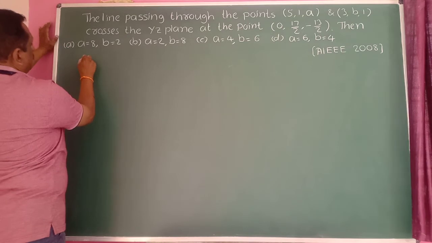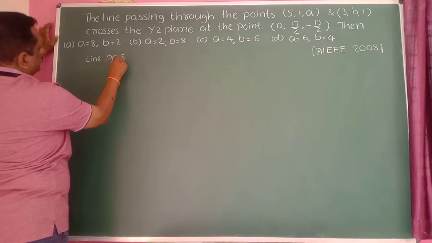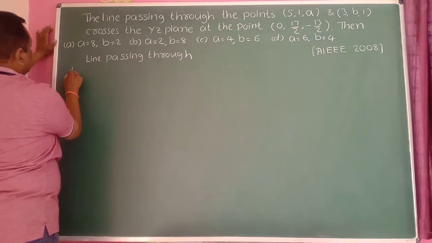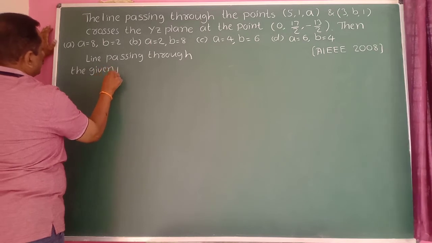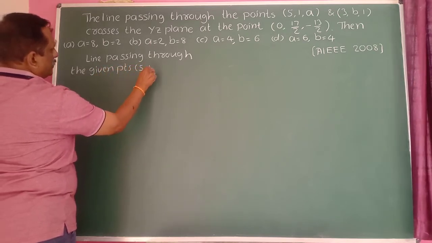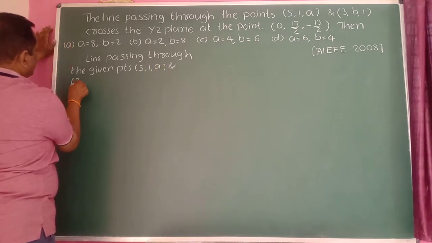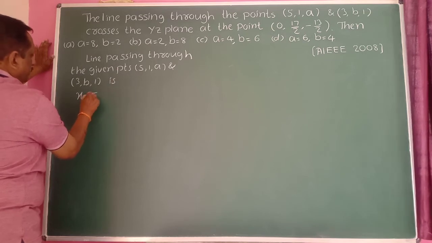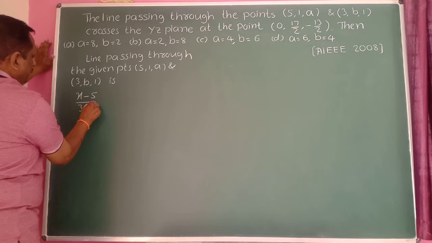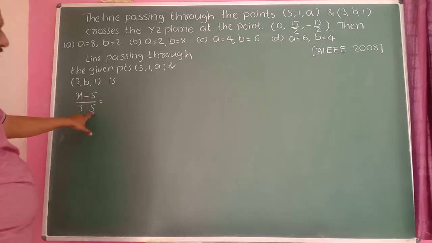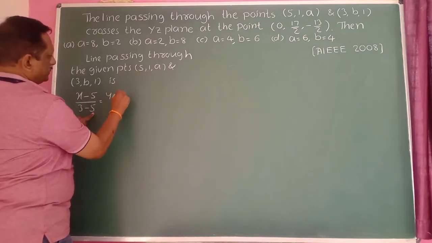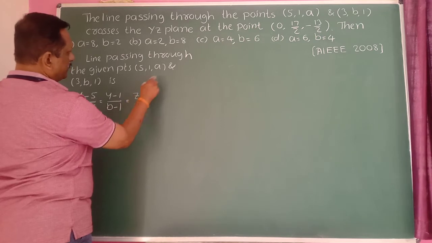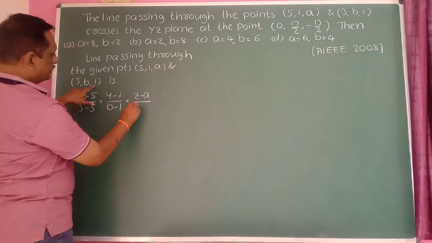Therefore, the line passing through the given points (5, 1, a) and (3, b, 1) is given by (x minus x1) divided by (x2 minus x1), that is x minus 5 divided by 3 minus 5, equals (y minus y1) divided by (y2 minus y1), that is y minus 1 divided by b minus 1, equals (z minus z1) divided by (z2 minus z1), that is z minus a divided by 1 minus a.